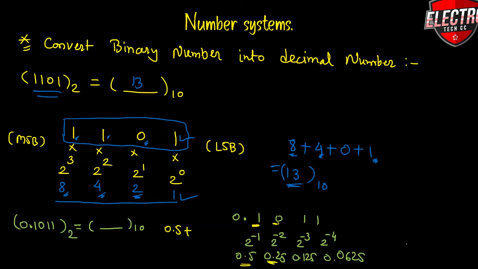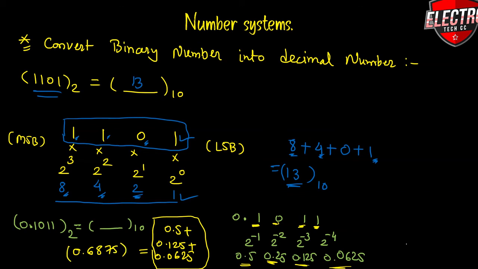So 0 multiplied by 0.25 is equal to 0, so no need to add it. Third bit, that is 1, that means we have to add 0.125, plus the last bit, that is 1, so we have to add 0.0625. If we add all these numbers, we get 0.6875 in the decimal number system. Okay, so this way you can convert the given binary number into the decimal number system.